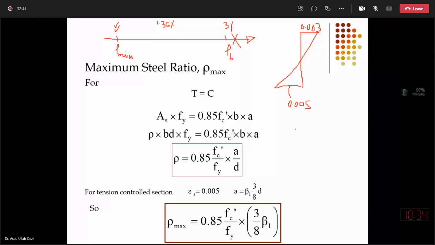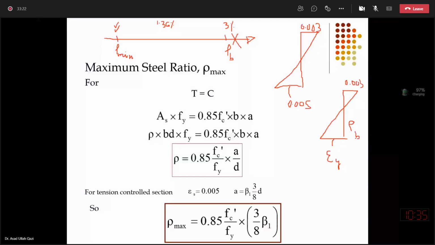Corresponding to this strain diagram, I can determine a rho value in the cross section. Corresponding to balanced failure, which I derived in the last lecture, we had a strain diagram with epsilon y corresponding to crushing in the concrete, and corresponding to this diagram we got rho balanced from derivation.